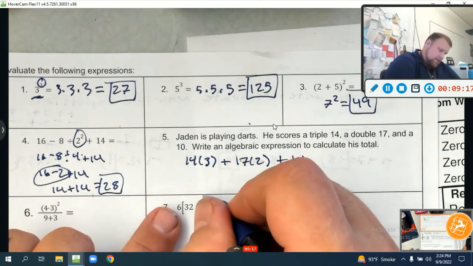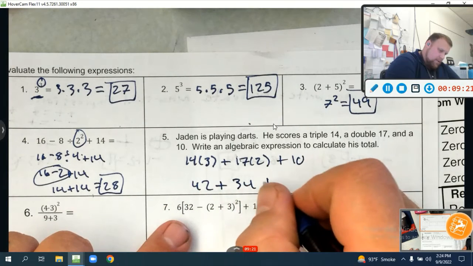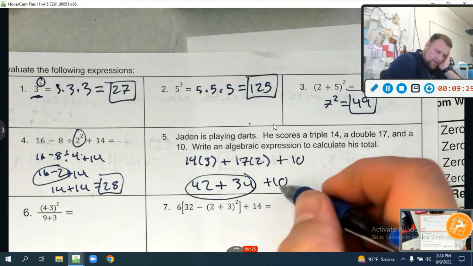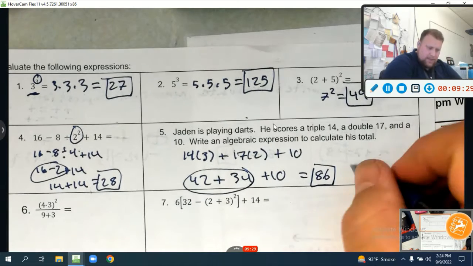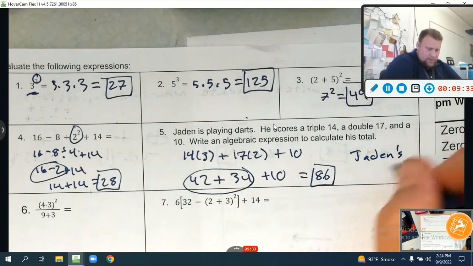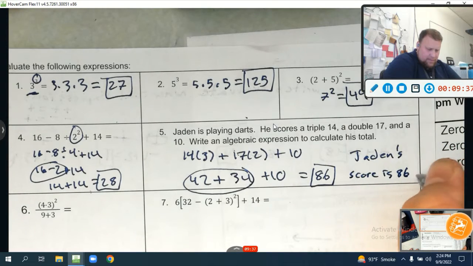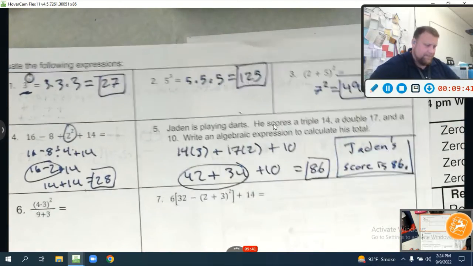And that's what? 42 plus 34 plus 10. This comes up to be 76, so 86. His total score is 86. Jaden's score is 86. Word problems get word answers, right?